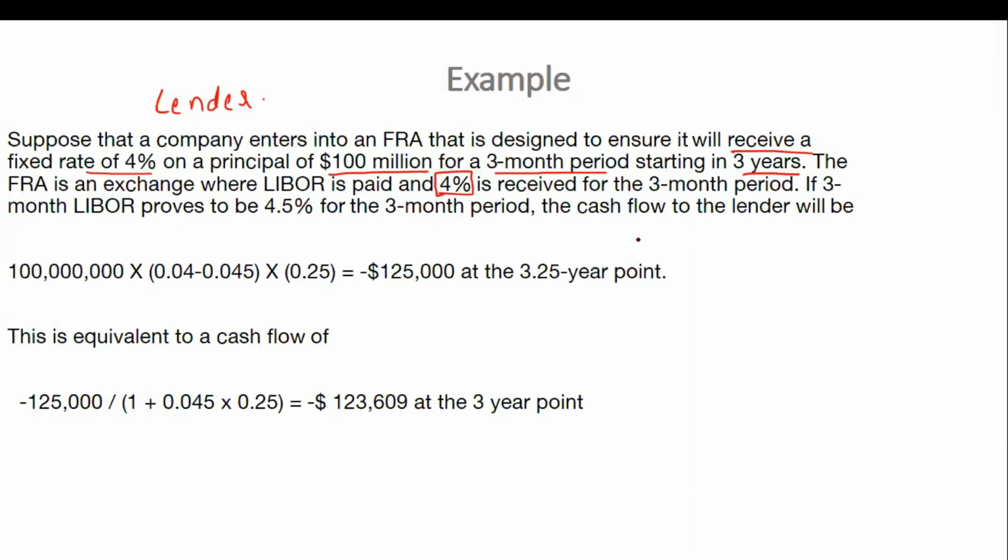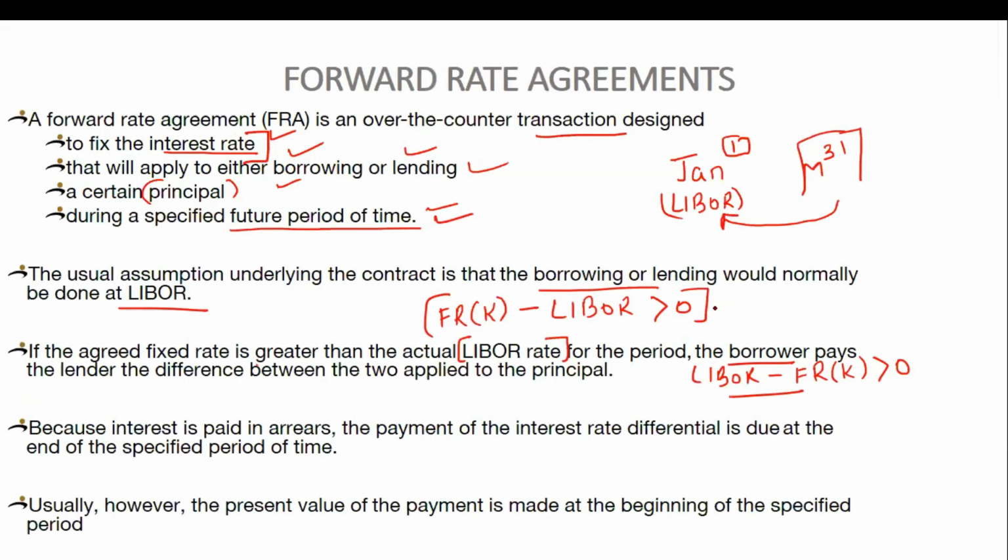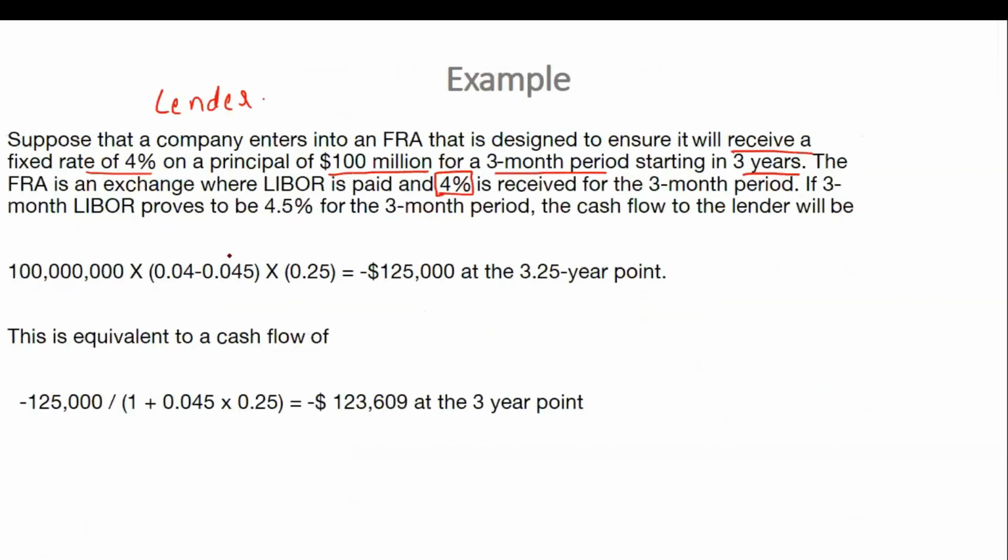Correct? Now let's go back and understand this logic again. This is for the lender, correct? If LIBOR is more than your fixed rate, that is your contract rate, the lender will pay the borrower. Now let's look at this example. Let's assume that 3 years after, the LIBOR rate was 4.5 percent.